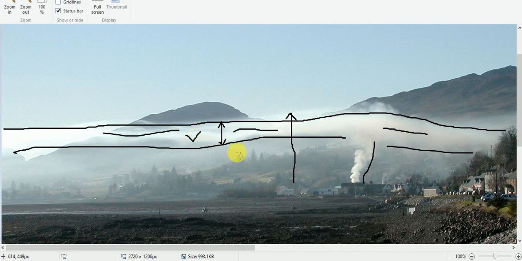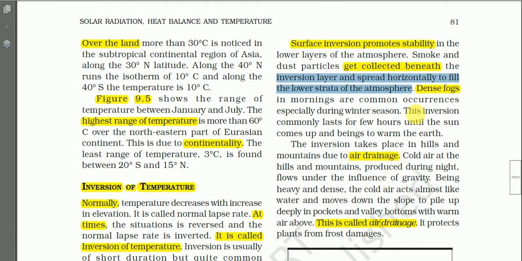See, when you see smoke rising vertically for some height, and if you observe that smoke is spreading in a thin layer in this way, it implies that there is an inversion layer. You may be observing this later on also. Another one: dense fog in the mornings is a common occurrence, especially during the winter season.